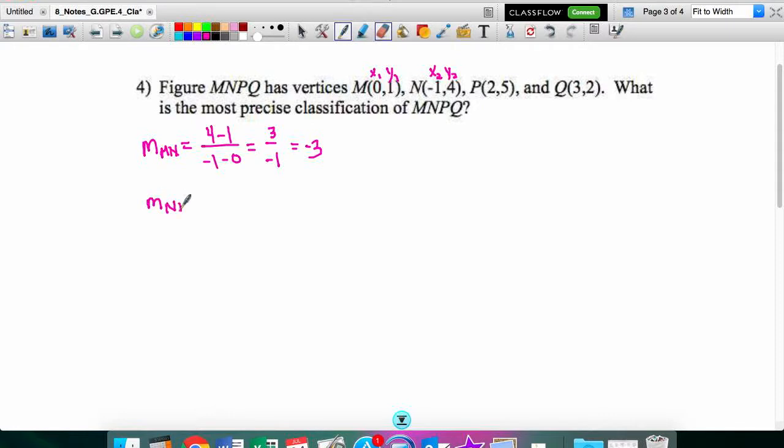I'm going to keep going here. Slope of NP. Now, I'm going to relabel because I have a new set of points. So I have x1, y1, and x2, y2. Difference of y's on top, so 5 minus 4. Difference of x's on the bottom, 2 minus -1, gives us 1 over 3, so 1/3.